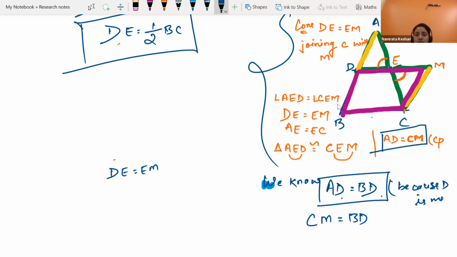Actually wait, something else we must get so that we can say this BDCM is a parallelogram. Okay, let me check what else we are getting.